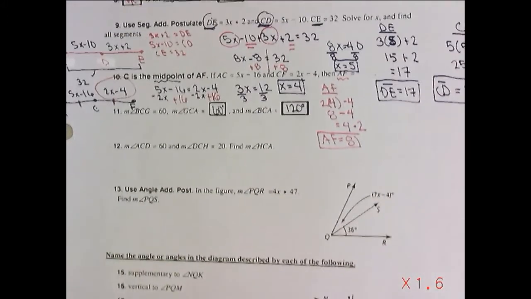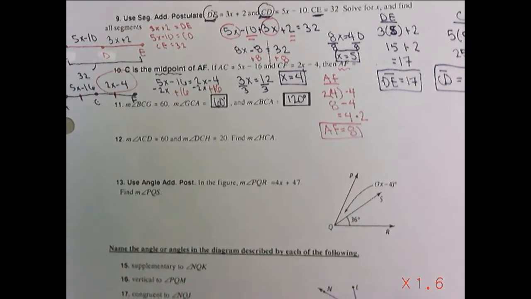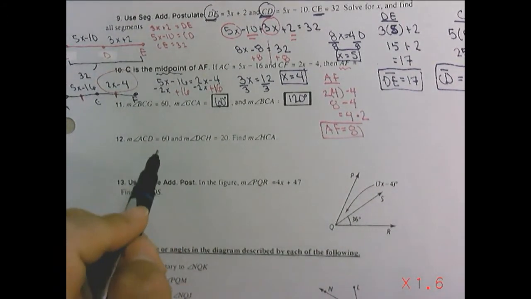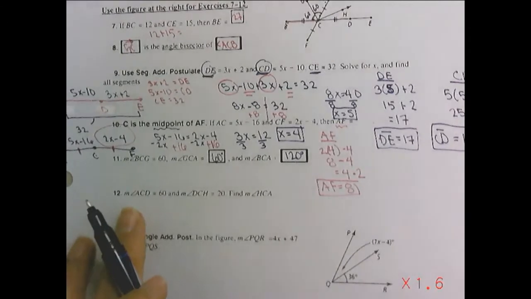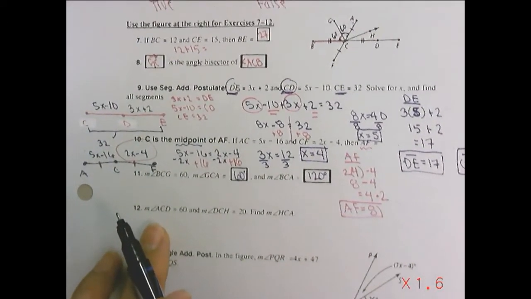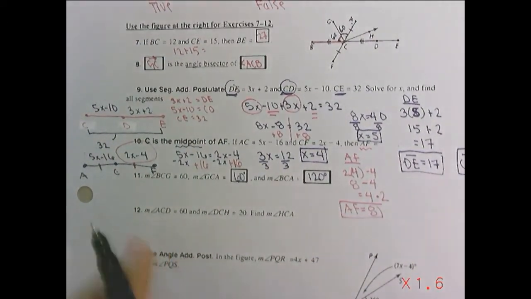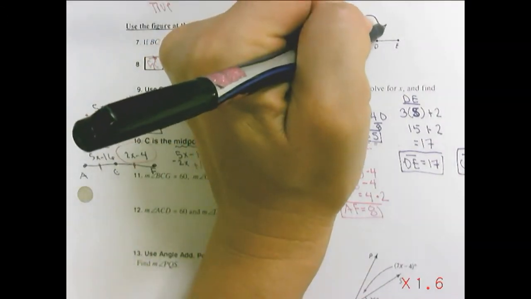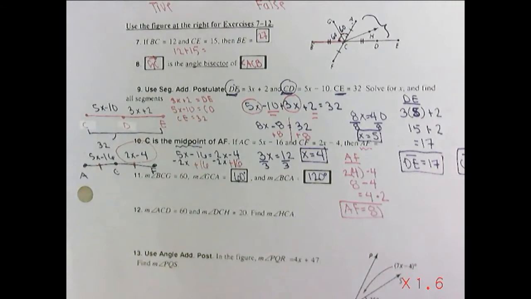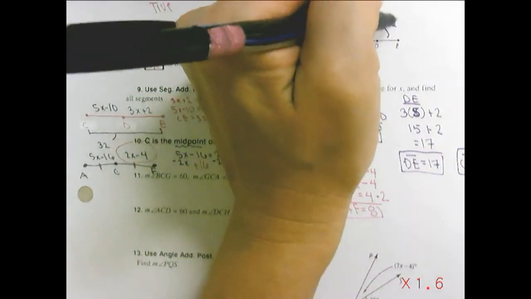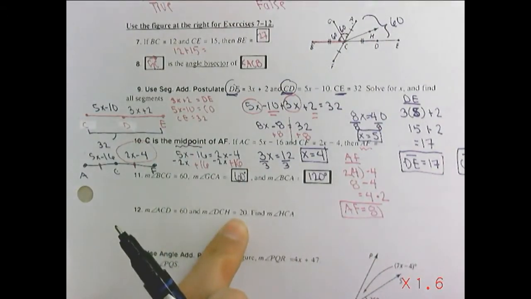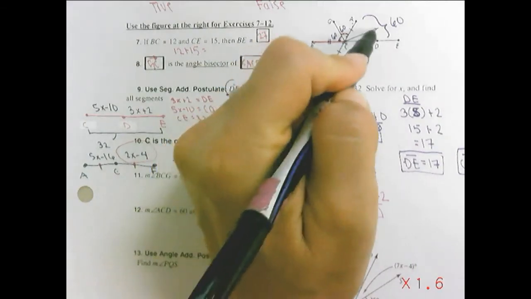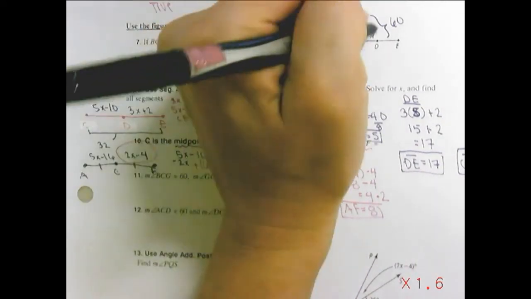Okay, as we move down to number 12, we're referring back to the angles again. So I'm going to look over here and hopefully have enough space to do this. And it says that ACD, this angle right here, is equal to 60. All right, and then it says that DCH, this angle right here, is equal to 20.